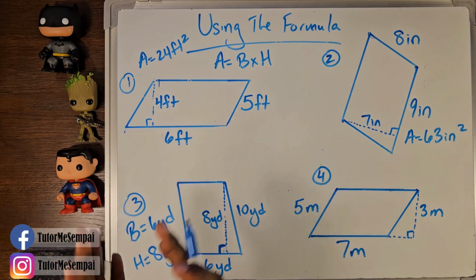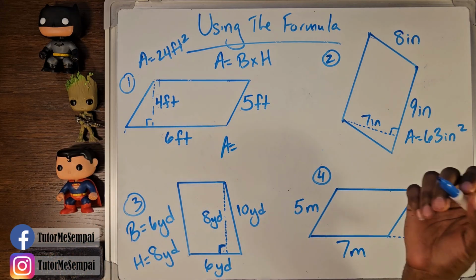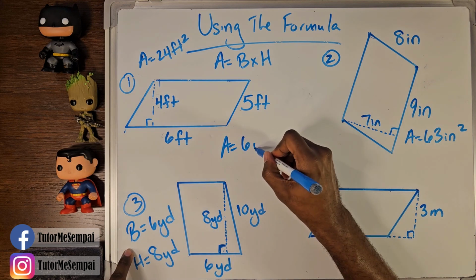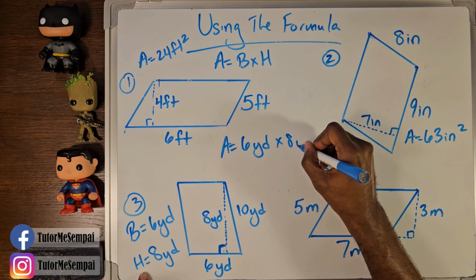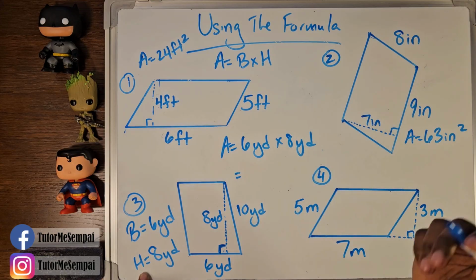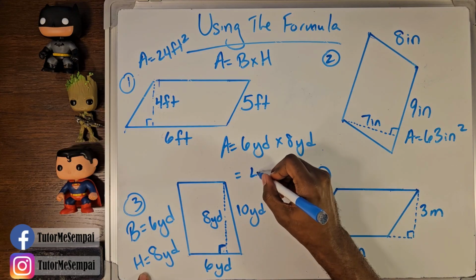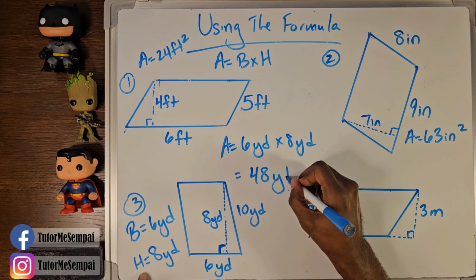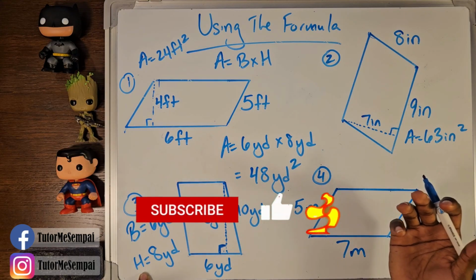Now we have both our height and our base. Let's plug it into our formula once again. Base 6 yards times height 8 yards. When we multiply all of that together, what do we get? 6 yards times 8 yards is 48 yards squared.